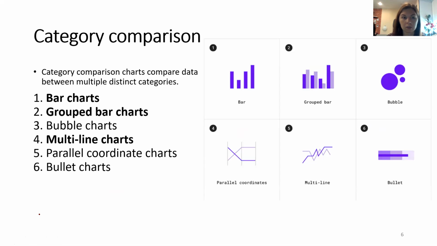If you want to compare some categories, you may use these six types of charts. Again, bar, but here you have not time as the axis, but groups. For example, you may divide your patients by age.